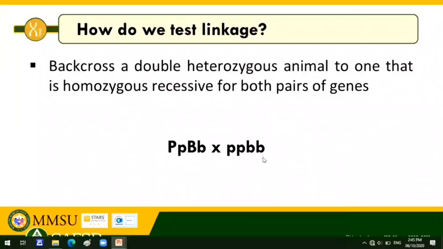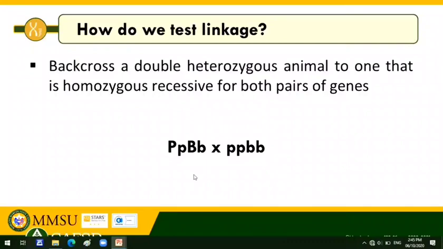If there is no linkage involved, it means the cross followed Mendelian genetics. The gametes will randomly segregate and independently assort, and as a result, four phenotypes will appear in the offspring in approximately equal numbers.